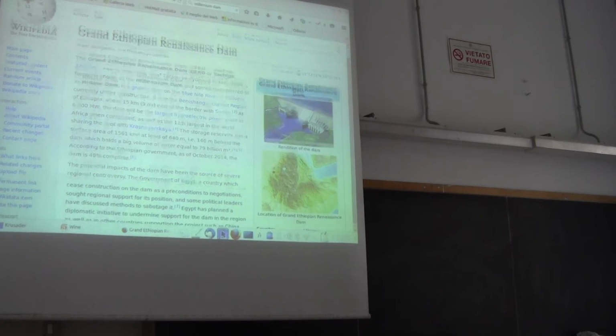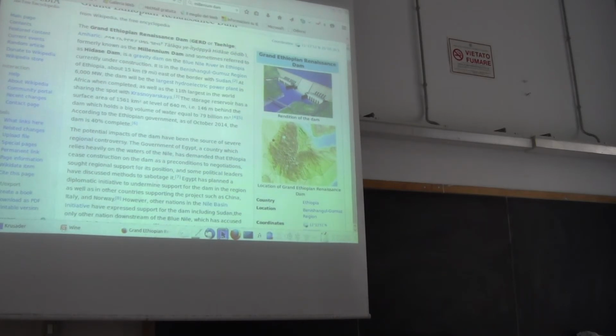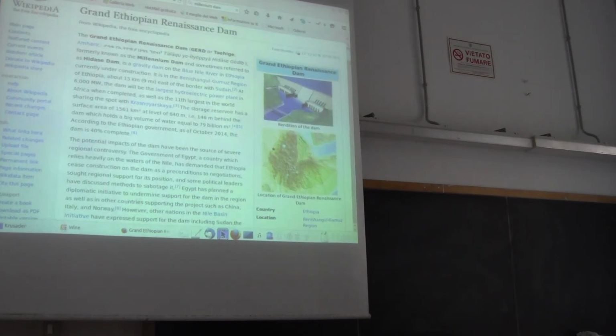And it's already updated, of course. You see that there is also a map of the basin, and basically you see that the storage reservoir, this is what I was looking for.